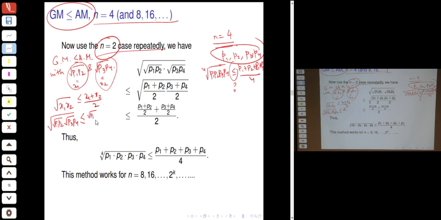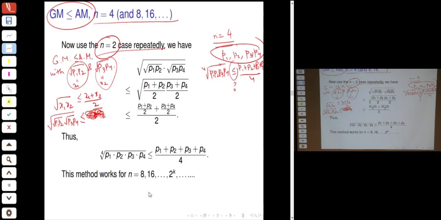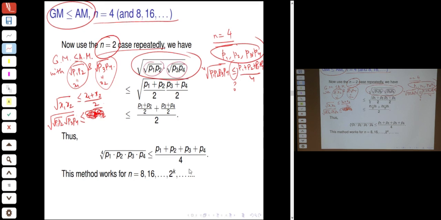Okay, so what you do is you take the square root of P1 P2 and the square root of P3 P4 and apply GM less than or equal to AM to P1 and P2.